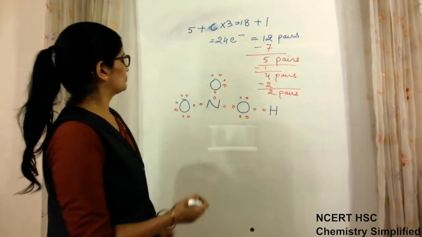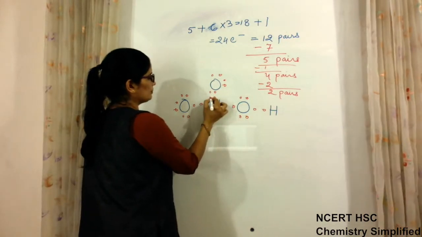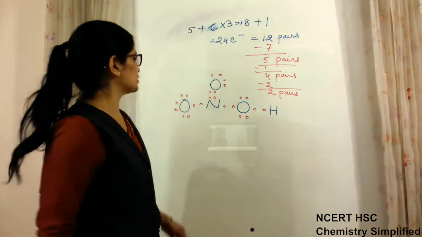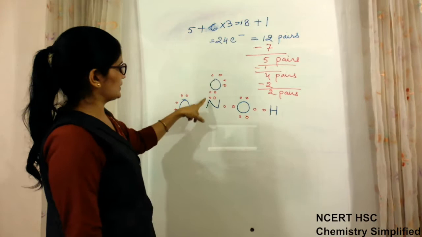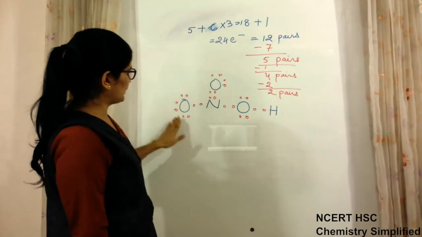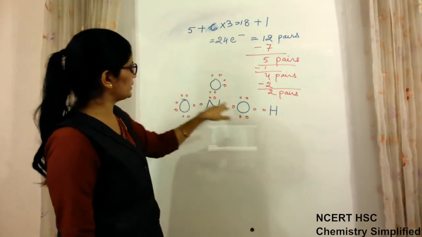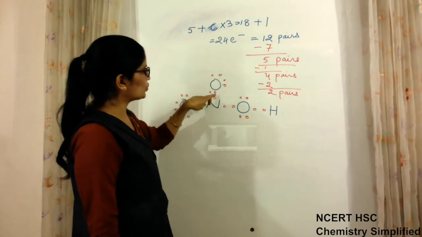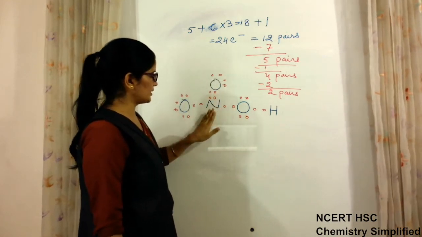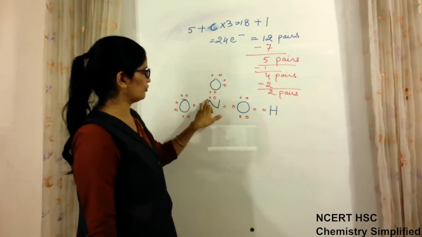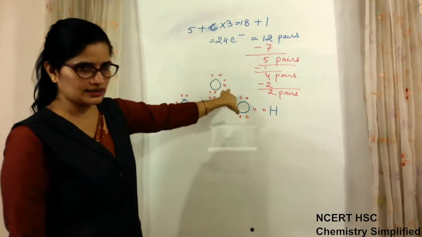Okay, so what we will do, we will put it as a shared pair, a double bond. Okay, so now you can see octet of all is complete. This is complete, this is complete, and this with 2 shared pairs, 1, 2, 3, 4, 5, 6, 7, 8, and nitrogen also 1, 2, 3, 4, 5, 6, 7 and 8.